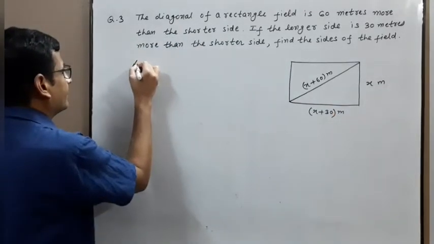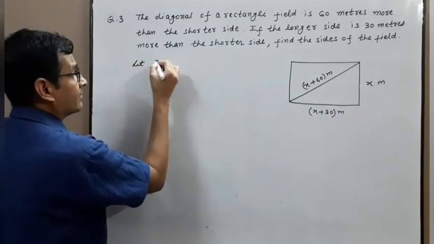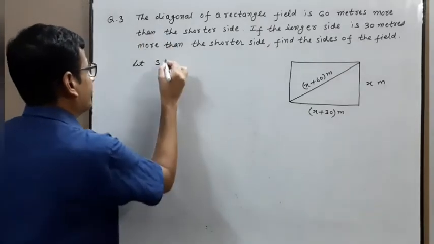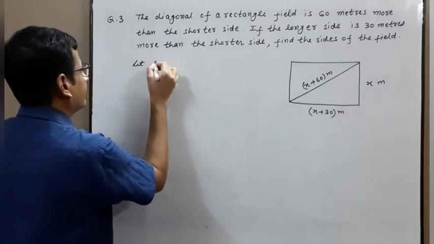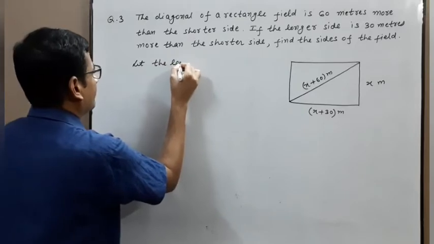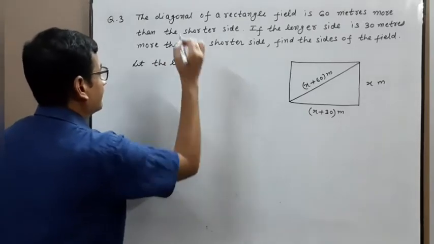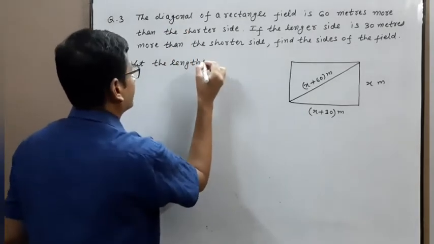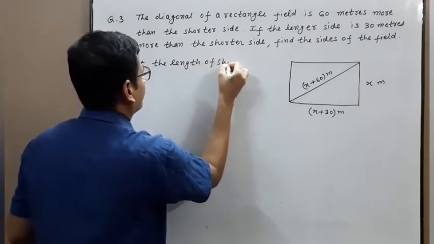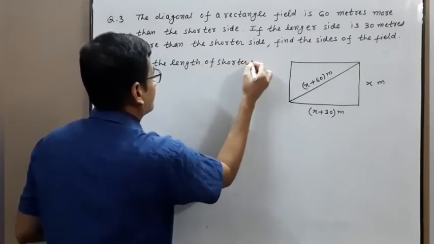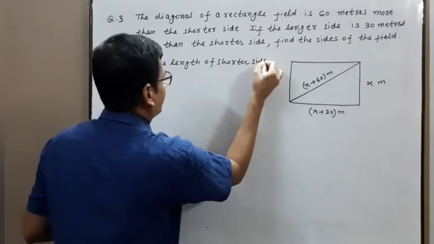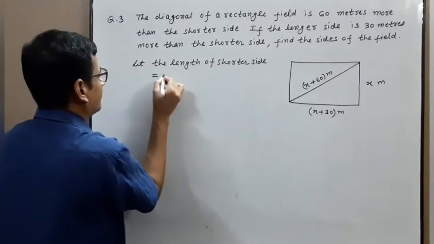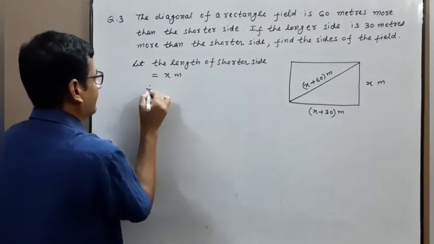So let the length of shorter side is equal to x meter.